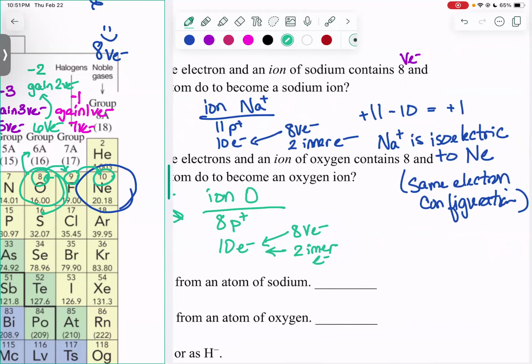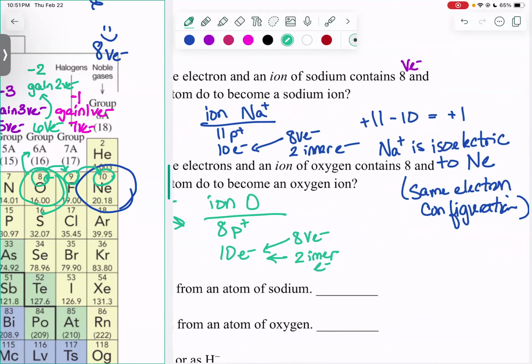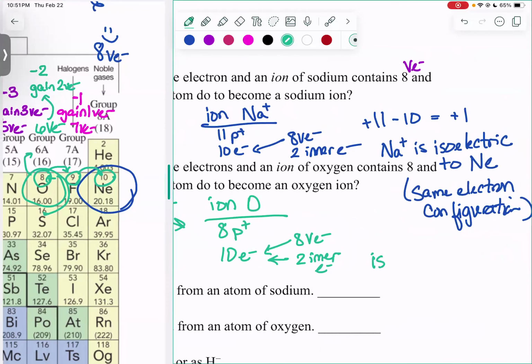So this is isoelectric to neon. So they're both isoelectric to neon. But what's that charge on the oxygen ion? Well, if I have 8 positives and I have 10 negatives, mathematically that gives me a -2. So I have a 2 negative or a -2, however you want to say that.